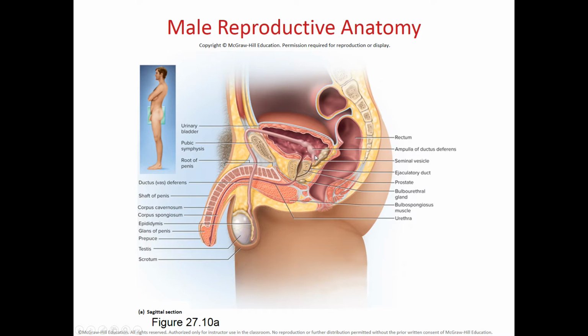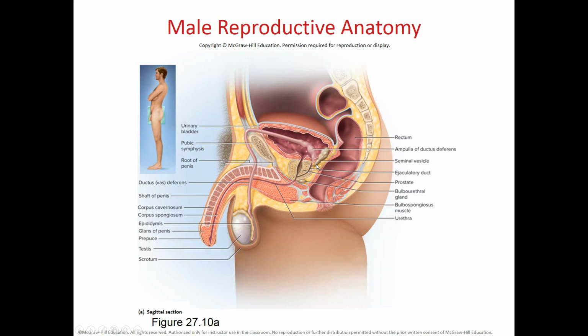From there, the sperm cells will be combined with fluids coming from these accessory glands that we call the seminal vesicles and the prostate gland. The prostate gland surrounds the prostatic urethra that is found in here, and the seminal vesicles are located just posterior to the urinary bladder.